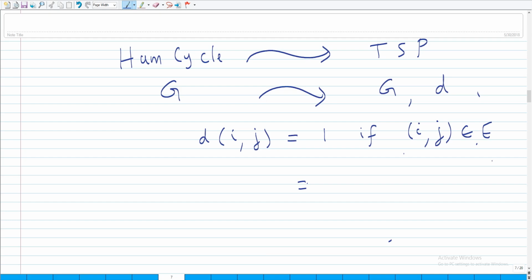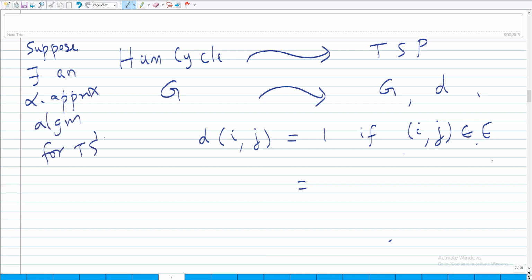Now, I am not going to use 2, because now I want to use an approximation algorithm to get something, right. Suppose we assume an alpha approximate algorithm for TSP, not an exact algorithm, but some approximation algorithm I have, right.